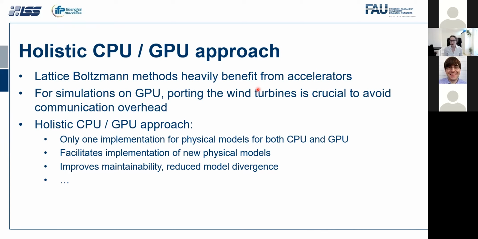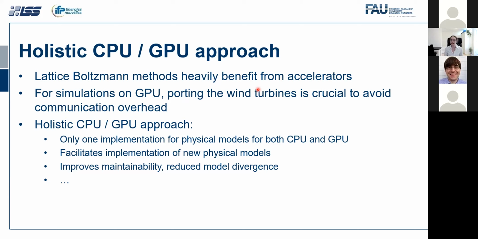For this, we used something that we call holistic CPU-GPU approach, which basically just means that we have only one implementation for our physical models for both CPU and for GPU. That's beneficial because that means that we only have to implement it once. So for example, the Actuator-Line model, there's only one implementation that we can use for both.